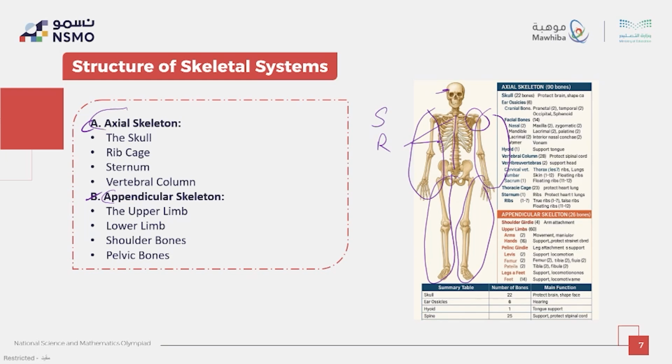They serve as mobile connections with a wide range of motion, attaching the arm to the body. And the pelvic bones. This is the pelvic bones here. It's a strong base that supports body weight and anchors internal organs.